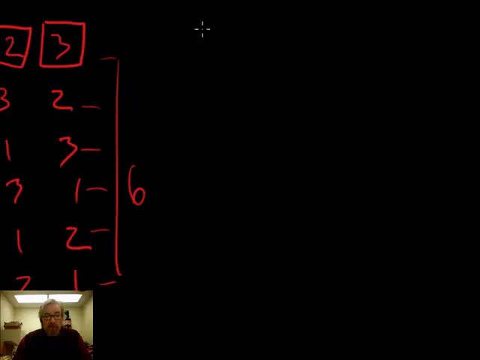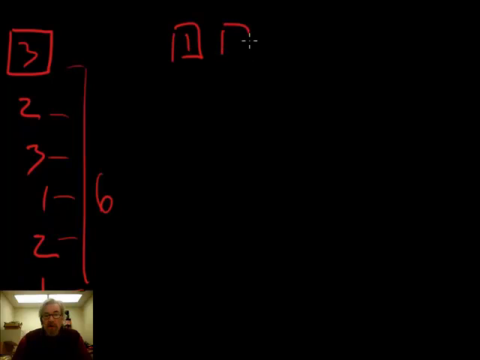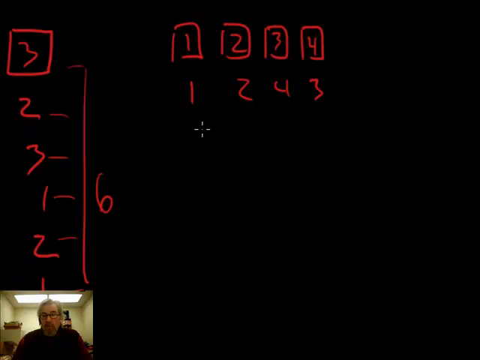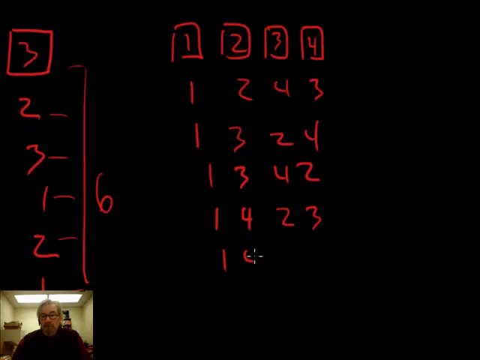Imagine that I have 4 cards. Card 1, 2, 3, and card 4. Well, what are my possible arrangements? I could have, just like I have, 1, 2, 3, 4, but I could have 1, 2, 4, 3 as well. I could have 1, 3, 2, 4, and I could have 1, 3, 4, 2. I could go 1, 4, and then have 2, 3 after it, and I could have 1, 4, 3, 2.